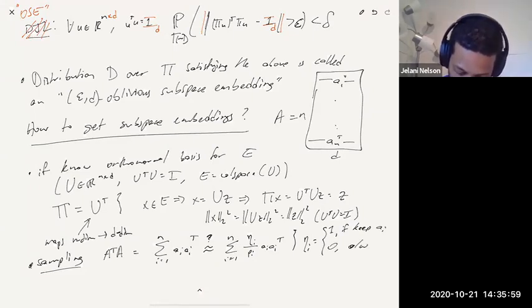And the probability that eta_i is 1 is pi. That's why we divide by pi, so that the expectation of this thing is correct.